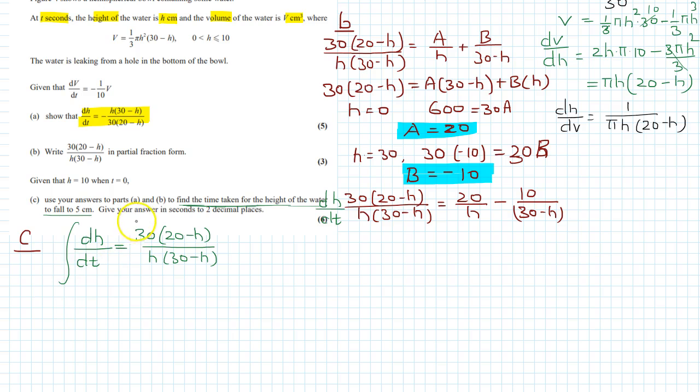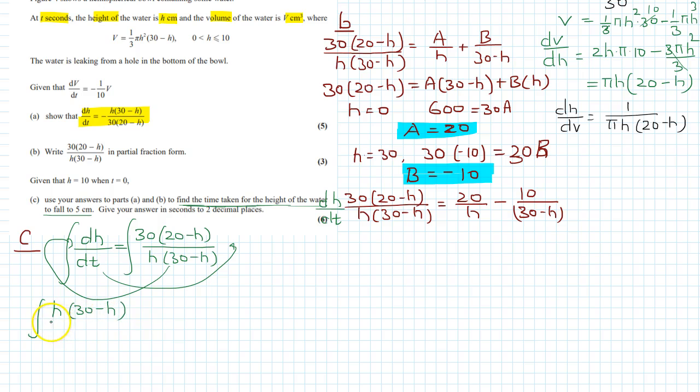Now we don't have dt on the other side, so we can rewrite this. Are you getting why we took the partial fraction of the reciprocal of this? Because this one goes with the h and dt comes here, so that we can make the differential equation.